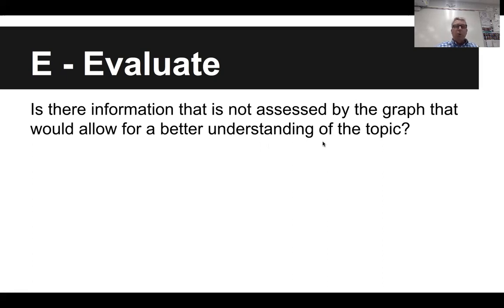Think about it as there is enough information on that graph to get a basic understanding, but what other things could help you understand this topic a little bit better?